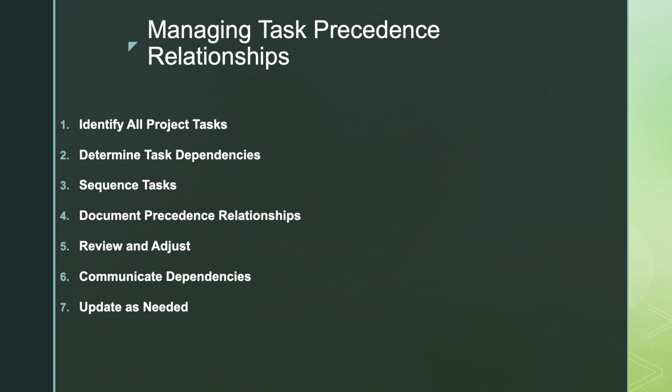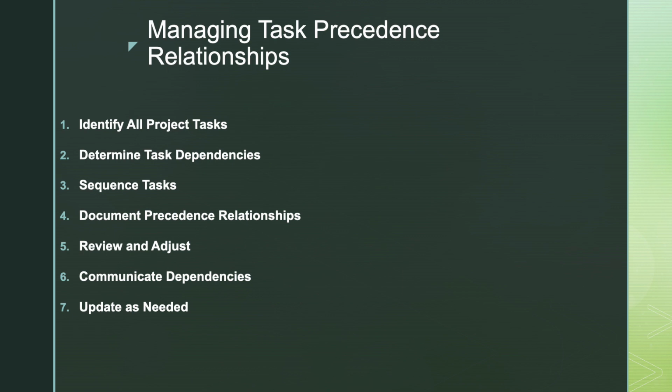And then anticipate and mitigate the risks. Identify potential risks associated with task dependencies and develop mitigating strategies to address them. Be proactive in addressing potential issues to minimize their impact on the project.